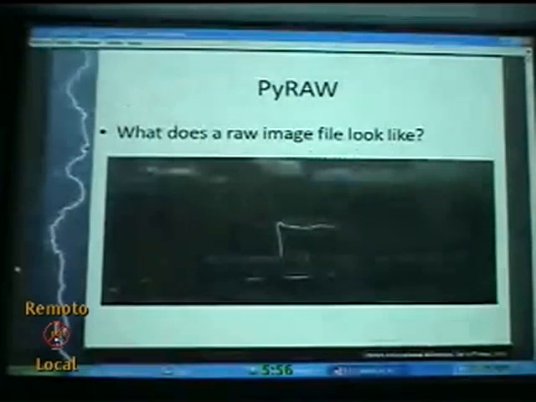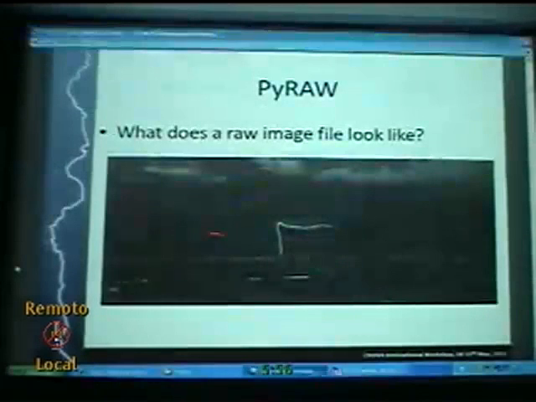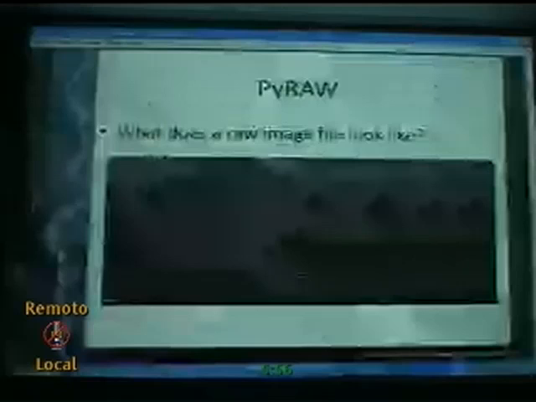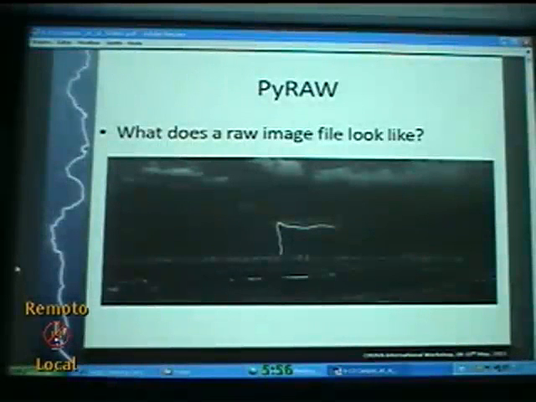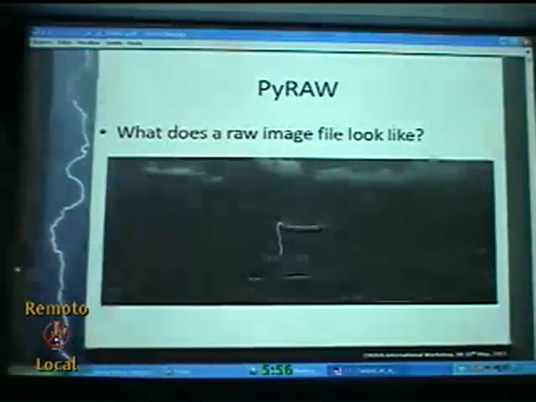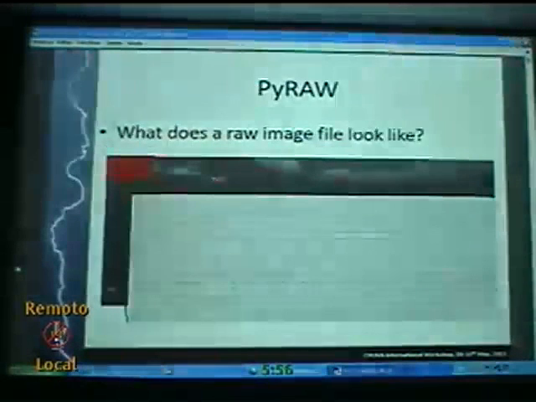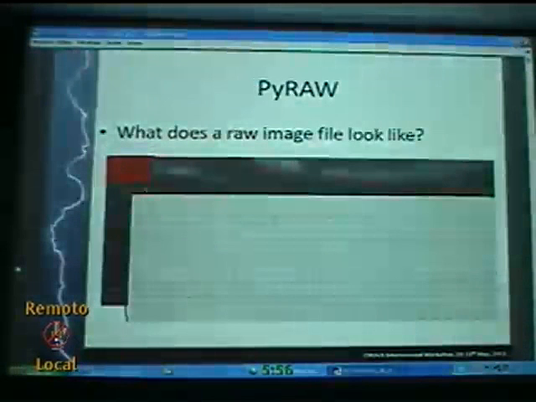So what does a raw file look like? This is one frame of one of the events that we analyzed. It's a visualization made by the commercial software of the high-speed camera manufacturer. But if you look at the raw data, this small area here looks like a whole bunch of numbers.